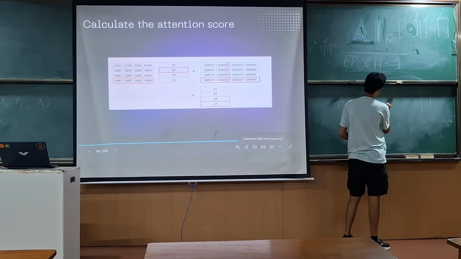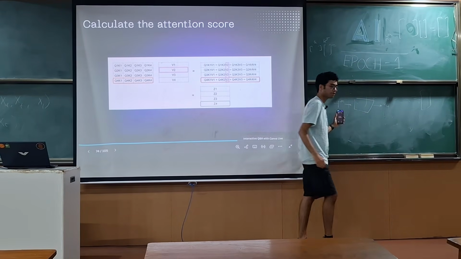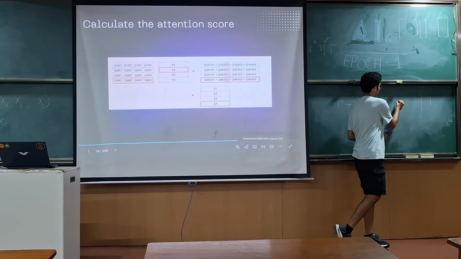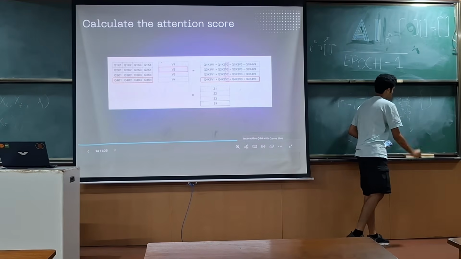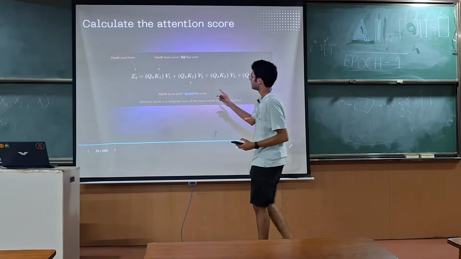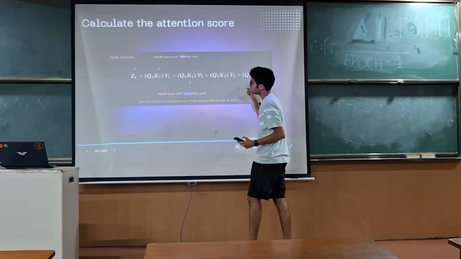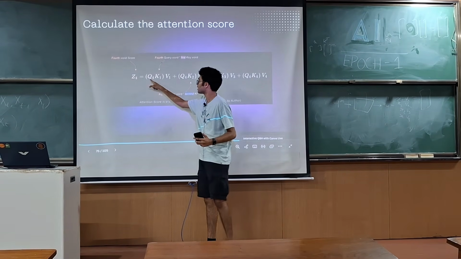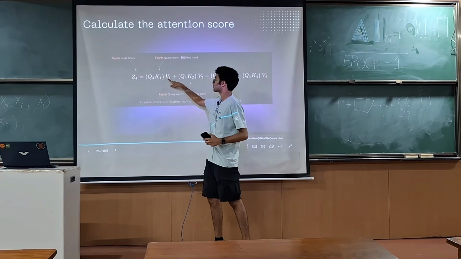It outputs a new vector which has information on how the fourth word is related to the first word, with some x1 relation to the first word, x2 to the second, x3 to the third, and x4 to the fourth word. That's all good. So that's exactly what's happening here: Q4 with K1, and so on, are all values between 0 and 1. If I want to find the score of the fourth word, I run its query across all of the keys, find out how they correlate, and then I add up, multiplying with the original word itself.